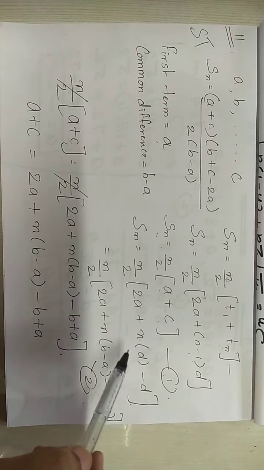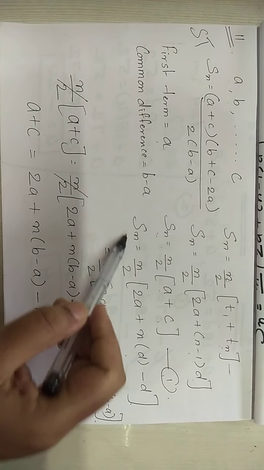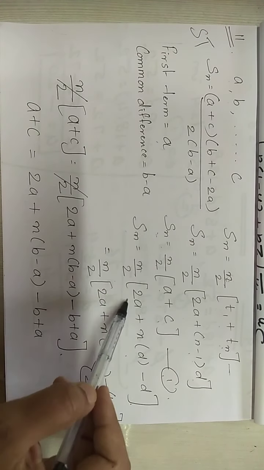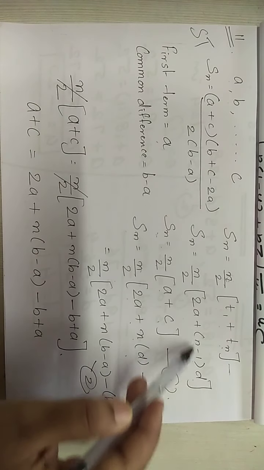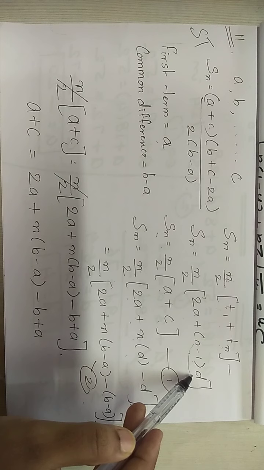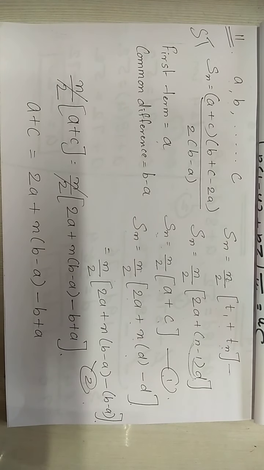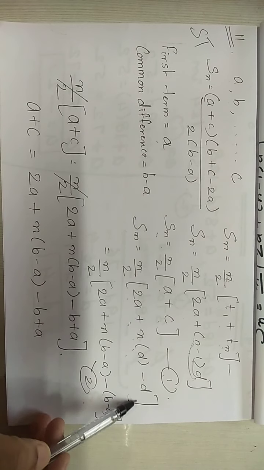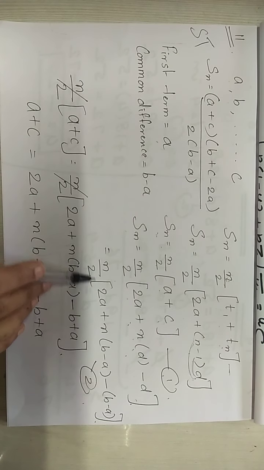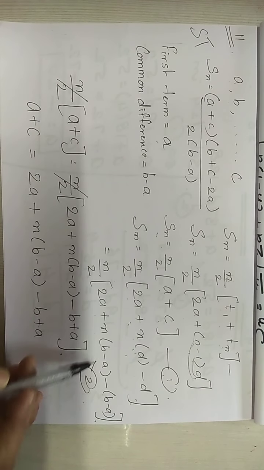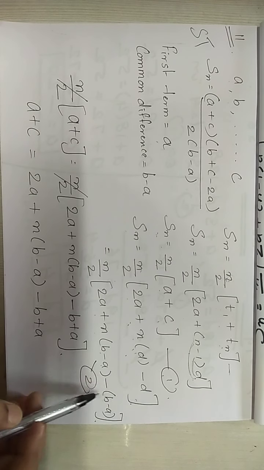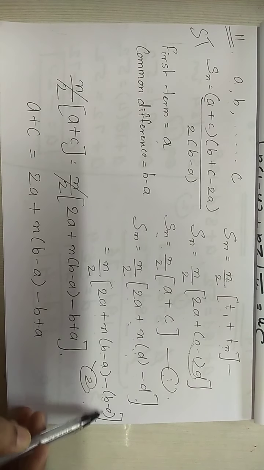Now the second formula also I will write. Sn is equal to n upon 2 (2a plus n into d minus d), because I multiplied d inside: n into d and d into 1. So this will be n upon 2 (2a, where a is the first term, plus n d, where the common difference is b minus a, minus again d, which is b minus a).